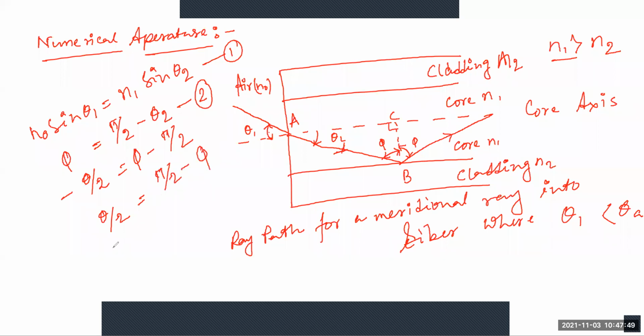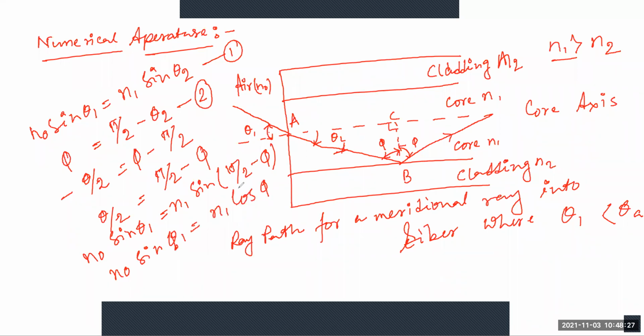So from this, n naught sine theta 1 equals n1 sine of pi by 2 minus phi. So n naught sine theta 1 equals n1 cos phi.